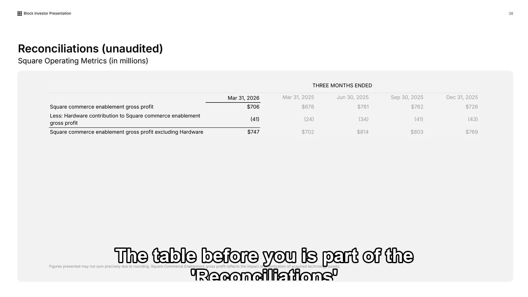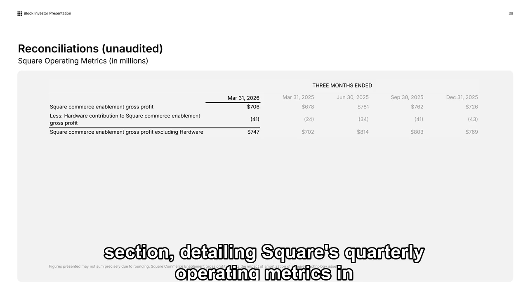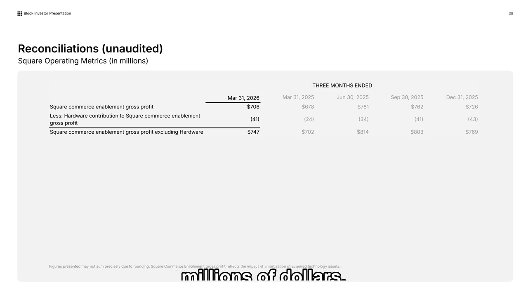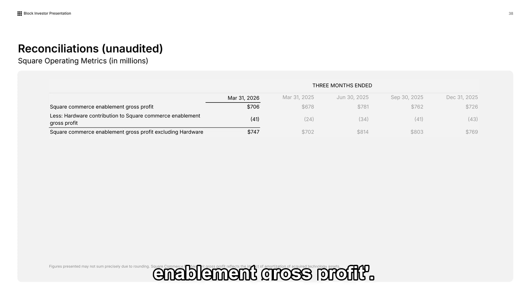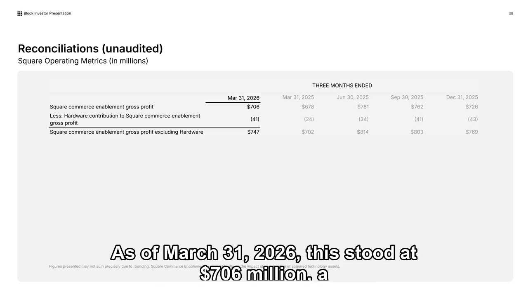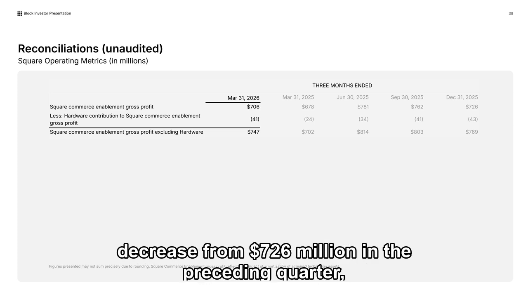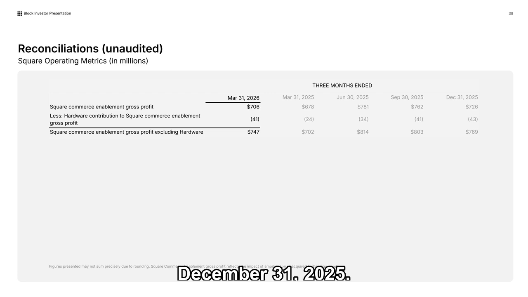The table before you is part of the reconciliation section, detailing Square's quarterly operating metrics in millions of dollars. Specifically, let's focus on the Square Commerce Enablement gross profit. As of March 31, 2026, this stood at $706 million, a decrease from $726 million in the preceding quarter, December 31, 2025.